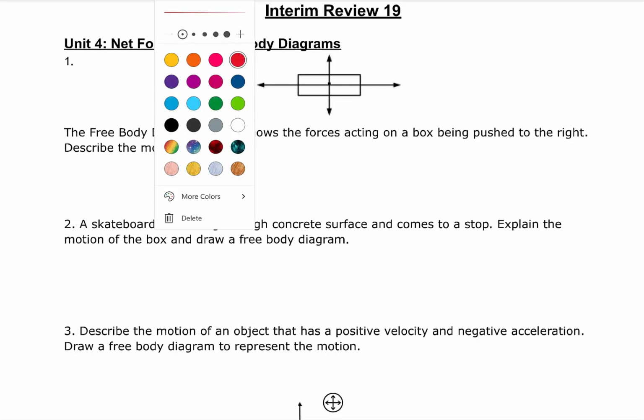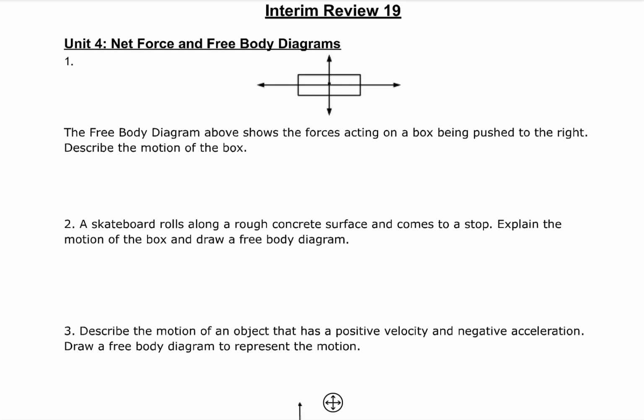Okay, so for the first thing that we're going to look at, we're going to interpret the free body diagram. What we see from all this is that the left and the right force are equal. The up force and the down force are the same as well. So what we see is that all forces here are balanced. And so the net force on this object is 0.